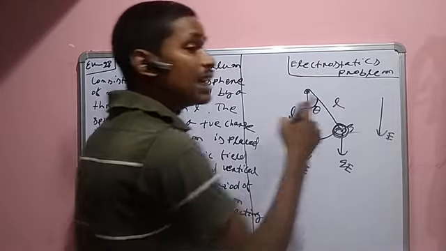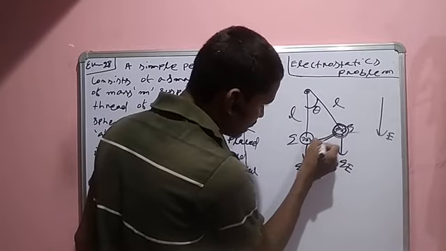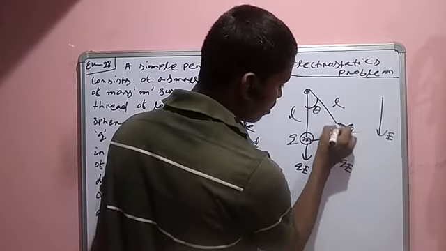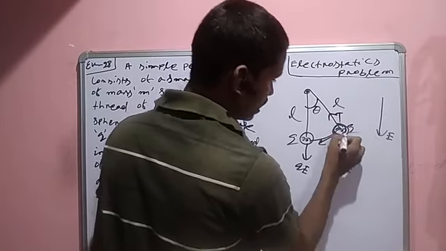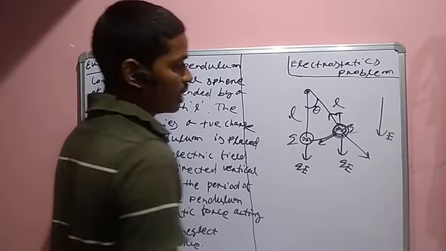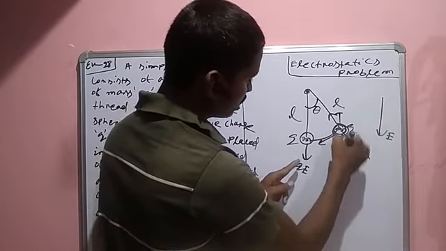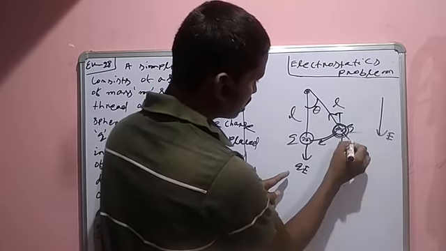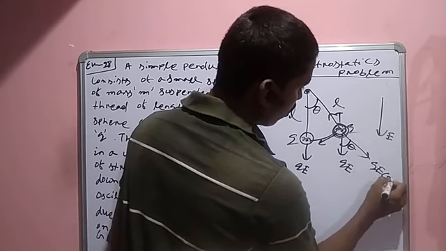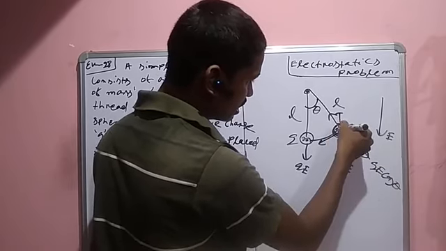That means it creates a restoring force, directed in this direction. It has two components, one in this direction because the tension is here, and one in this direction. Suppose in this vertical, this is the parallel, this is theta, this is also theta. This is QE, and this is QE cos theta. These are the two components.